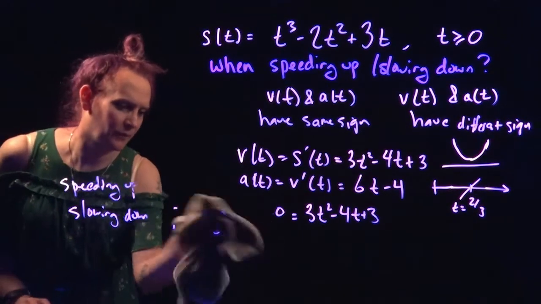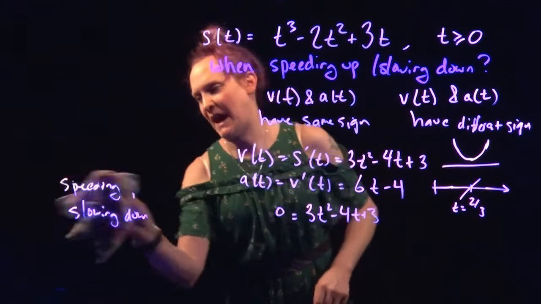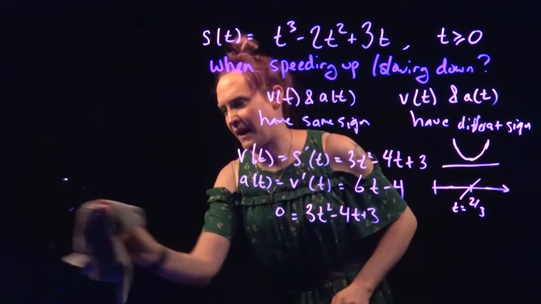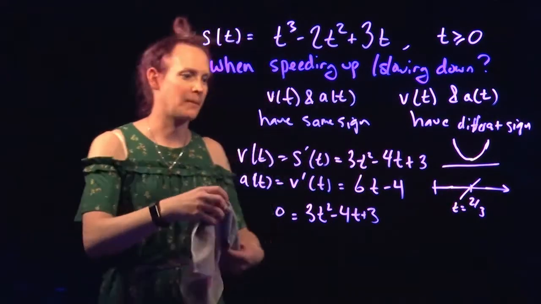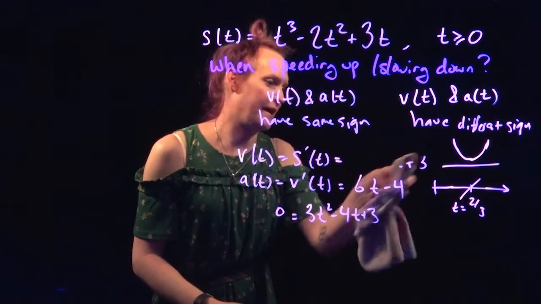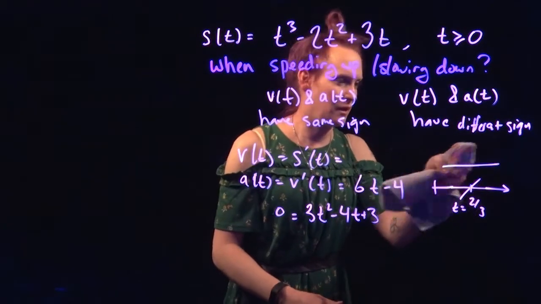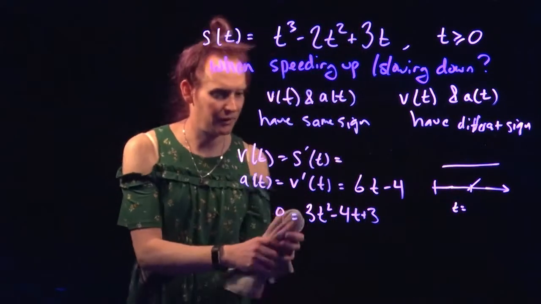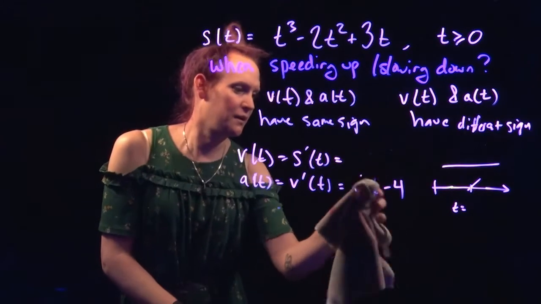Okay. Because I wanted the parabola to actually cross the t-axis, and my randomly made up numbers didn't make that happen. So how do I change this problem so that it actually crosses the axis? Well, I think I can erase that. I don't need that.